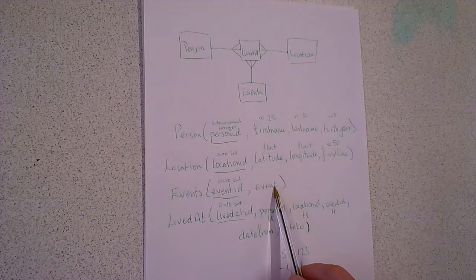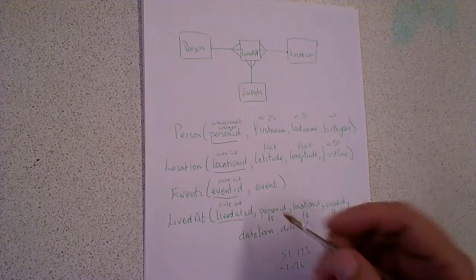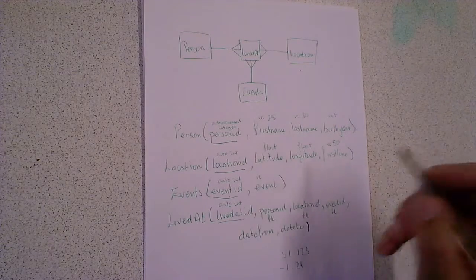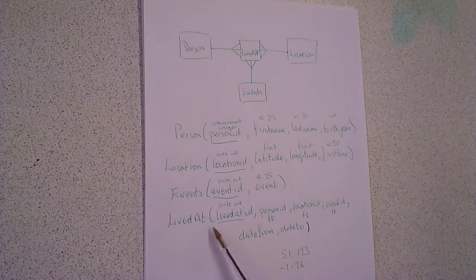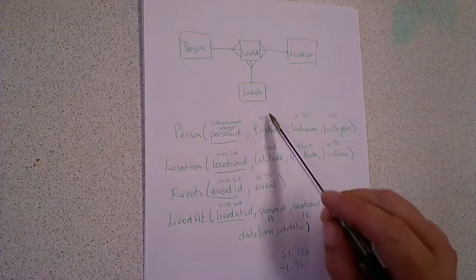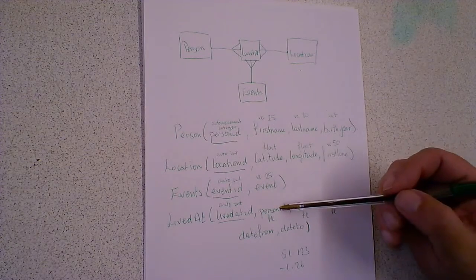Event, so birth, death, marriage, what have you, that is going to be a variable character. Let's make it 25. I might change that later. And lived at, because all of these need to link together, need to be the same data type.